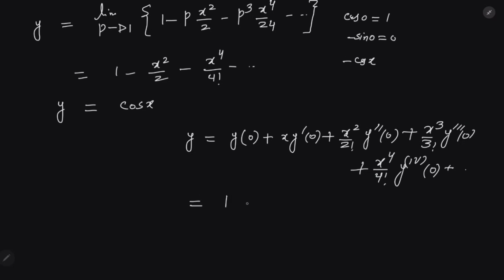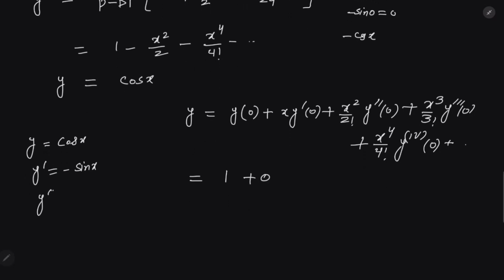Cos 0 is 1 plus x. y is equal to cos x, y dash is minus sine x, but this will be equal to 0 at 0, so this is 0. Then I have y double dash, which is minus cos x, so minus cos 0 is 1, so we get minus x squared by 2 factorial.